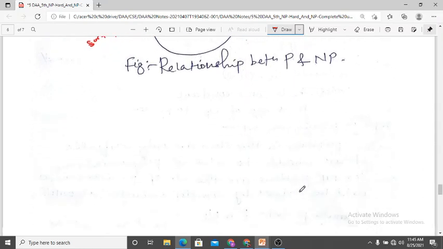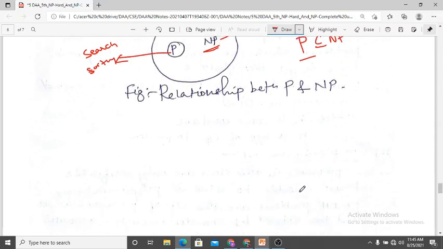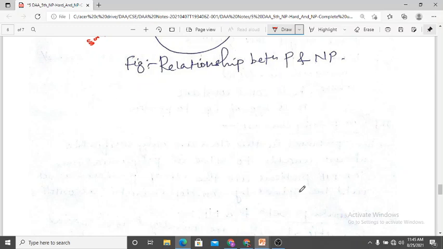Now the relationship between P, NP, NP hard, NP complete.